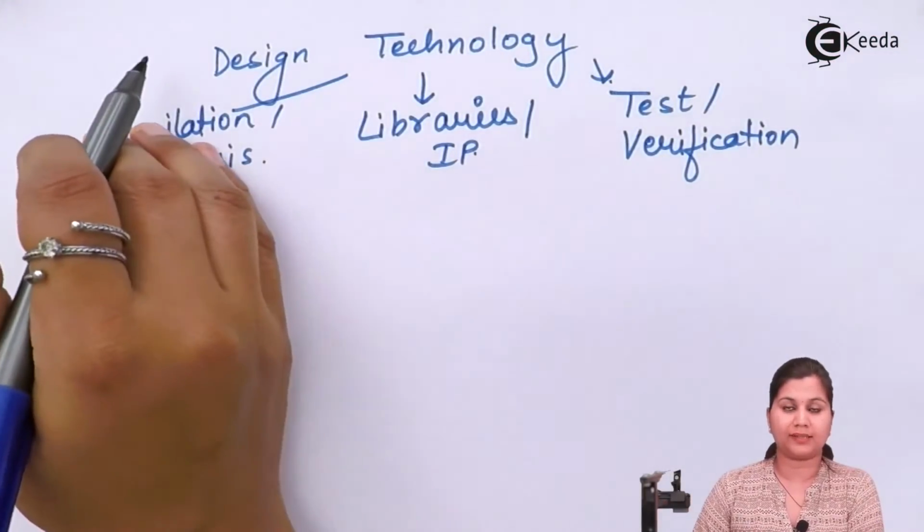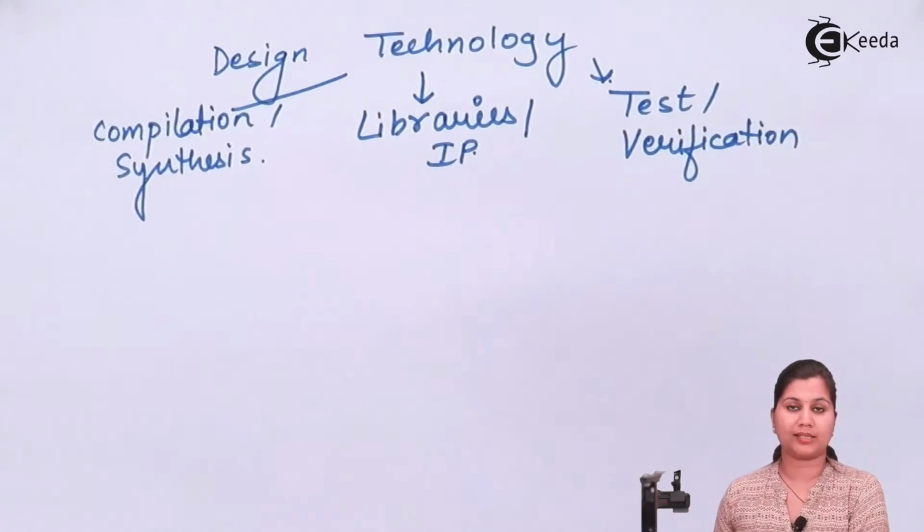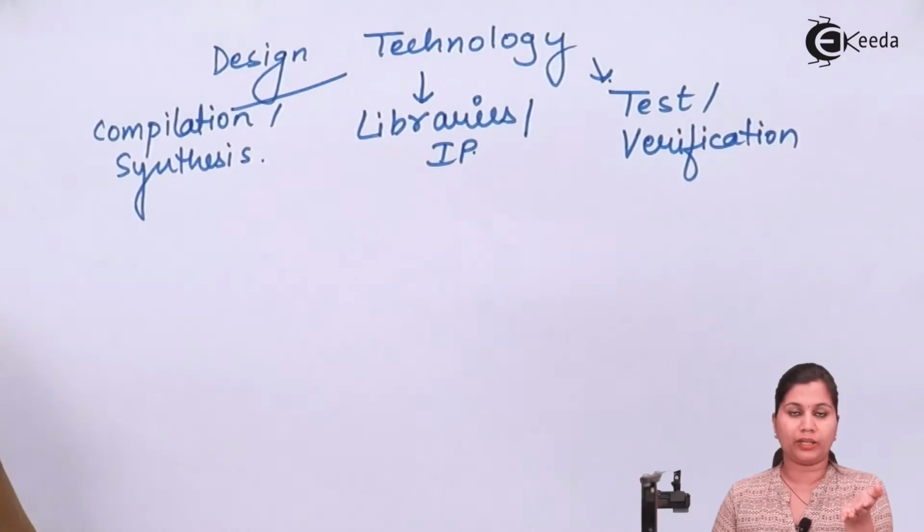Compilation and synthesis means how we have to develop the embedded system. We are going to make a procedure for it. We will write the steps for how we are going to do the designing.